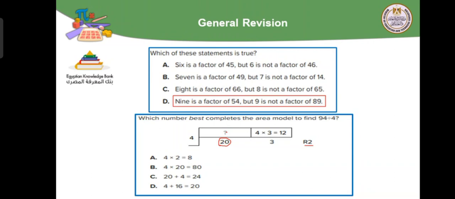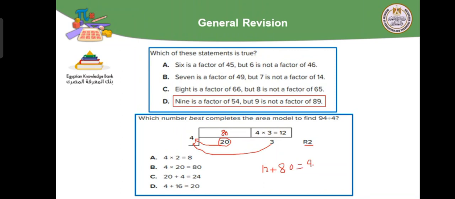So here 20 by 4 equals 80. 3 by 4 equals 12. Then to check your answer, 12 plus 80 equals 92.